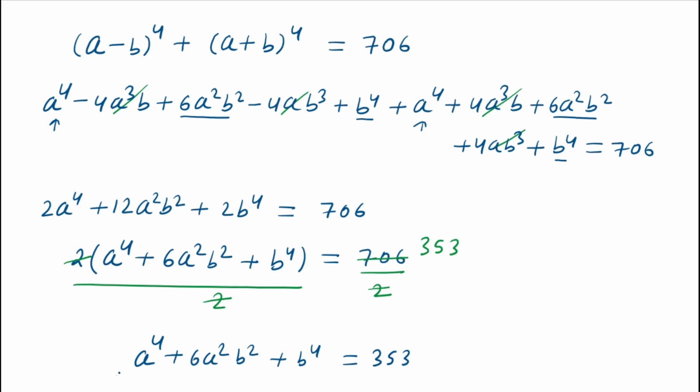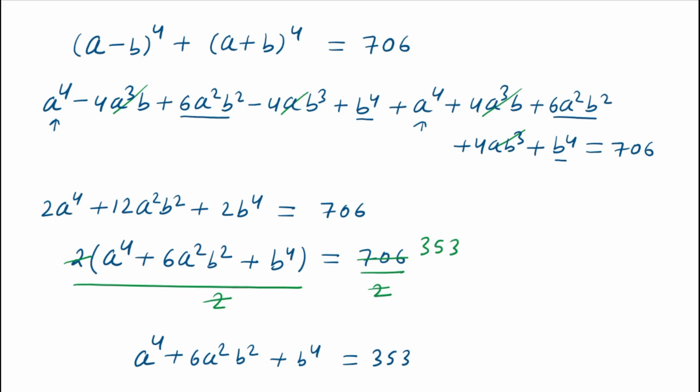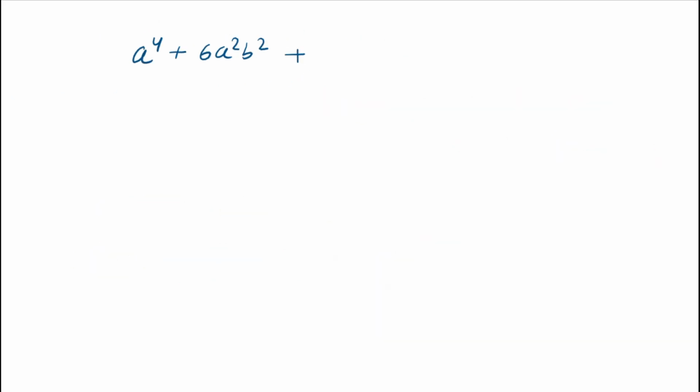353. Now on the left hand side a^4 + 6a^2b^2 + b^4 is equals to 353.